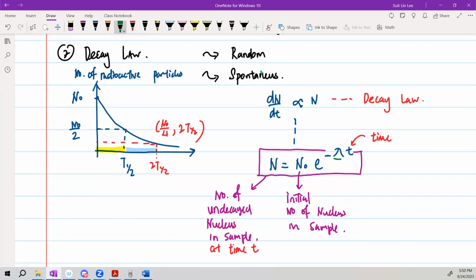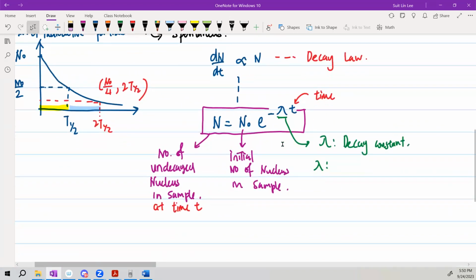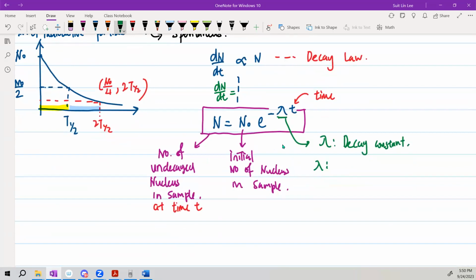But the more important thing here is my lambda. Lambda is known as the decay constant. If you want to know its definition or why it is derived that way, we'll have to refer to the derivation, but we can also sort of memorize it. Lambda is basically the substitution of the proportional sign.